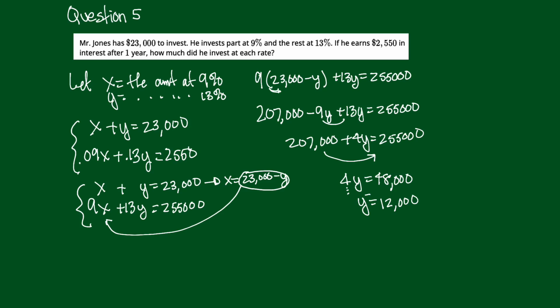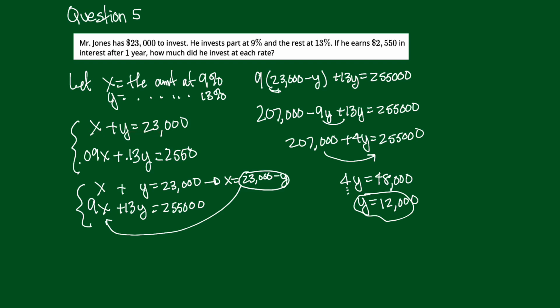All right, so what is y? Now it's a word problem, so you have to go back and see what y is. So back here at the top, way over here, y is the amount at 13%. Now, how much is at 9%? Well, I know this, that x plus y is equal to 23,000.